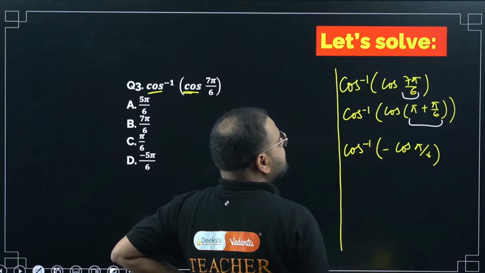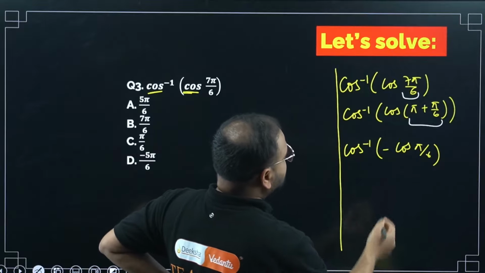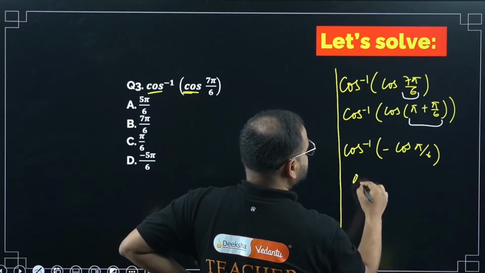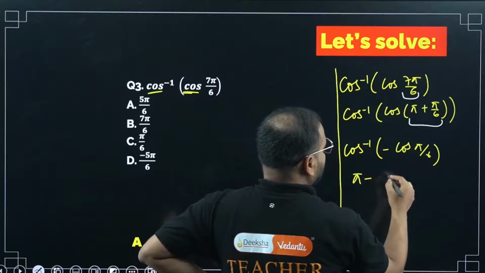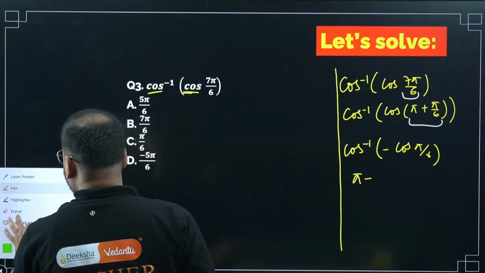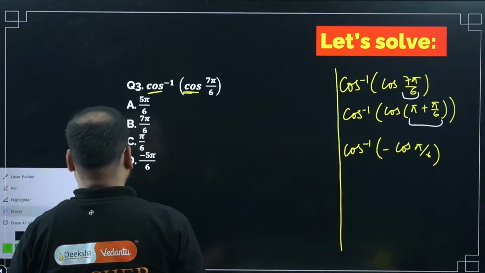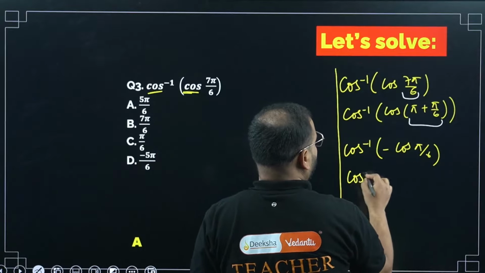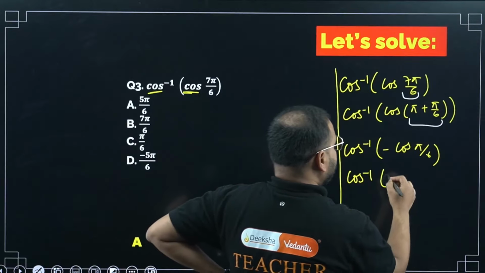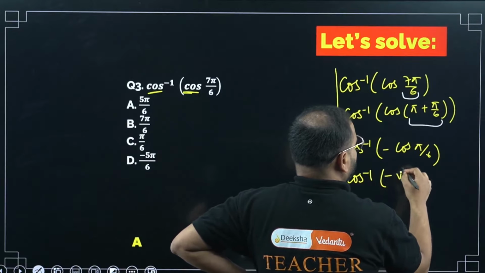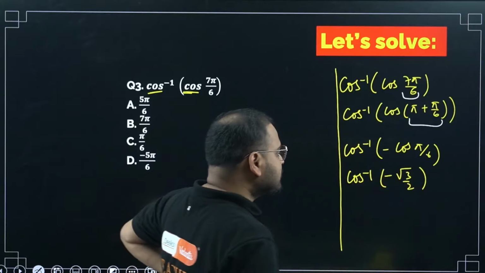What is cos of minus x? Basically, I can write this as pi minus what? One more step, then we'll write. So this will be cos inverse of minus cos pi by 6. Pi by 6 is 30 degrees, so cos pi by 6 is root 3 by 2.